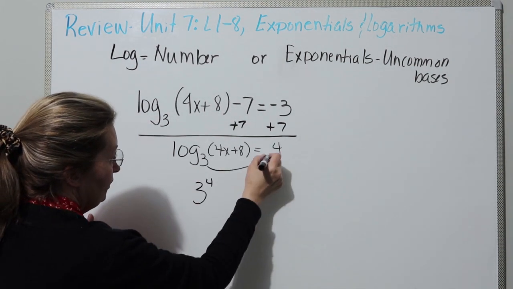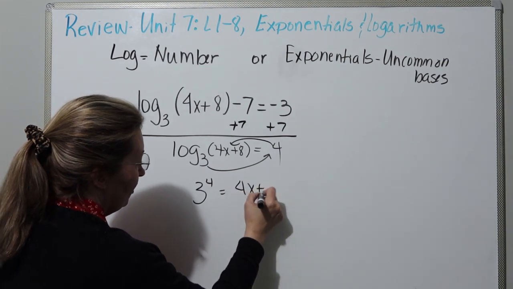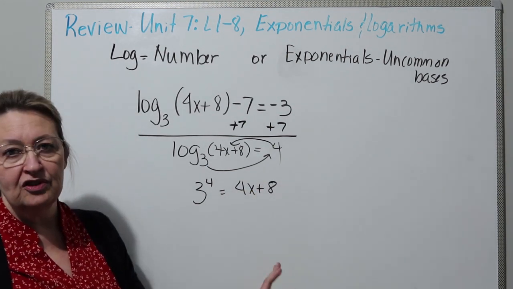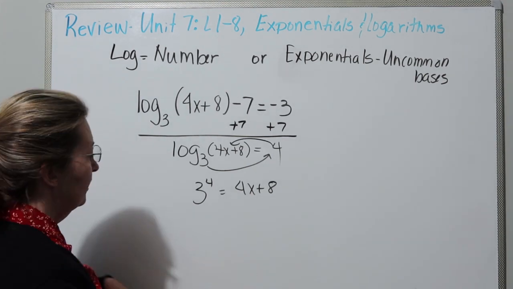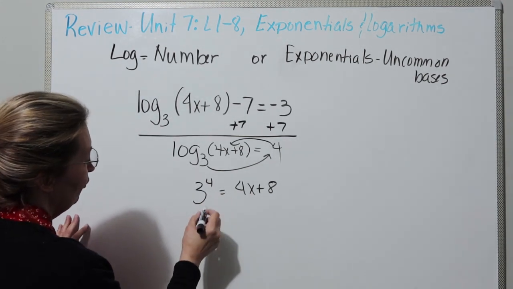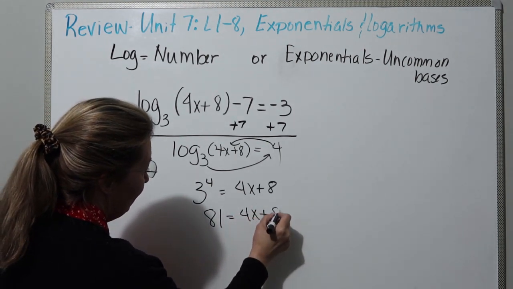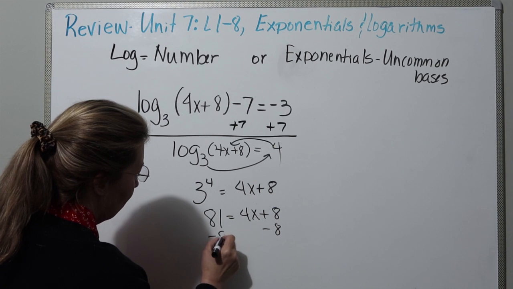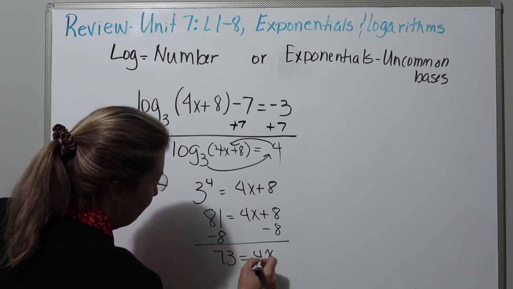3 to the 4th power equals 4x plus 8. The conversion is just that simple once you do your condensing. So here, 3 to the 4th power is 81 equals 4x plus 8. Subtract 8 from each side, and I get 73 is equal to 4x.